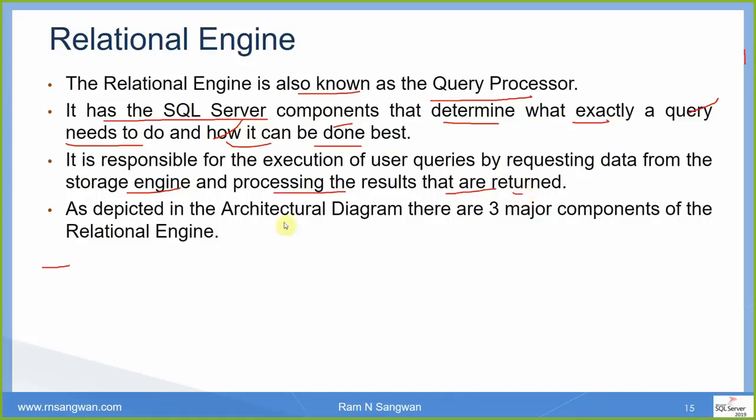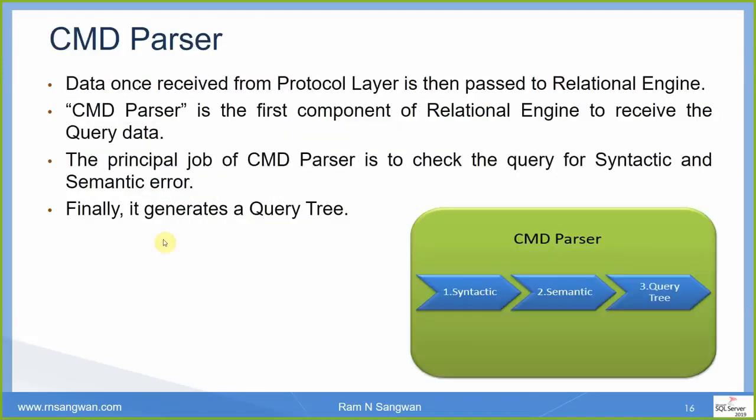In the architectural diagram, you could see that there were three major components of the relational engine. First was the CMD parser. The data, once received from the protocol layer, which is the top layer, is then passed to the relational engine.